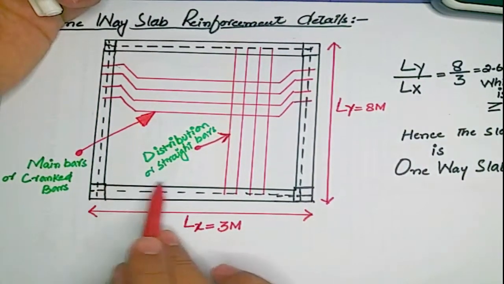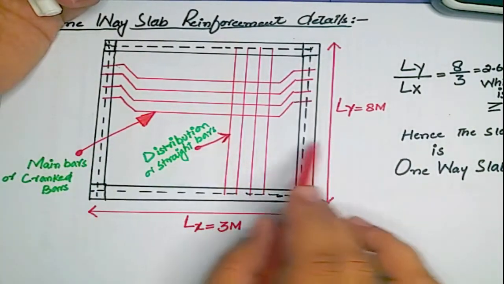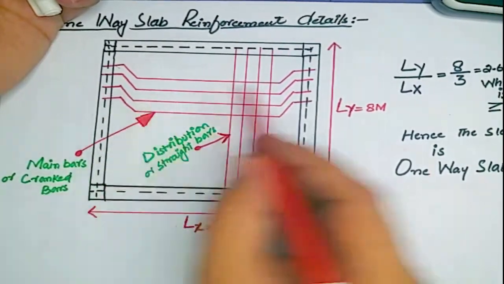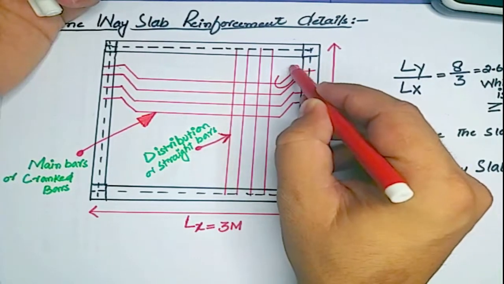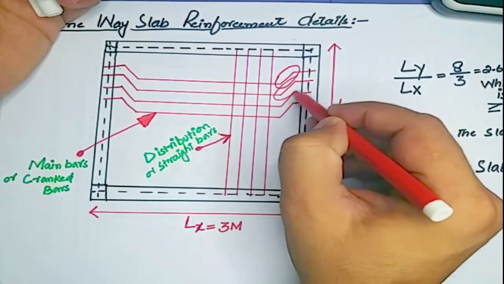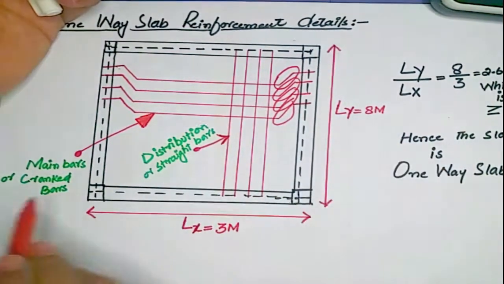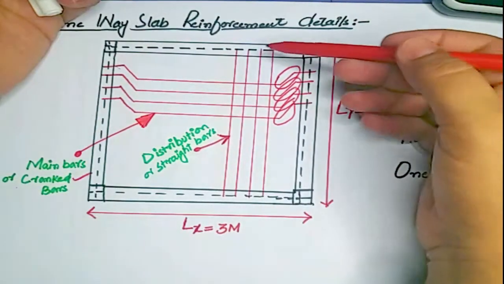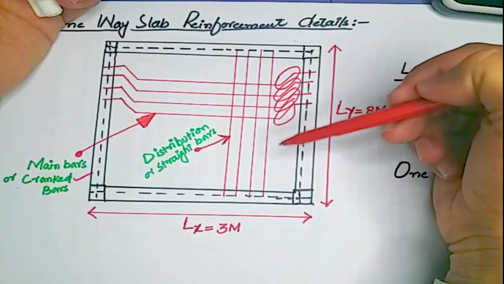So the steel provided as the main bar will be laid down first, and there will be a bend-up bar in the shorter span, which is called a crank bar, and parallel to its longitudinal side, its length side.